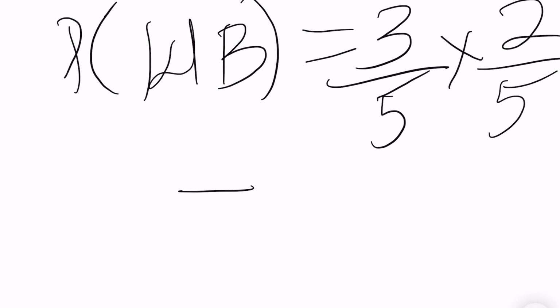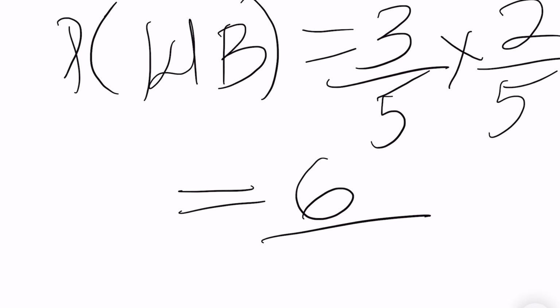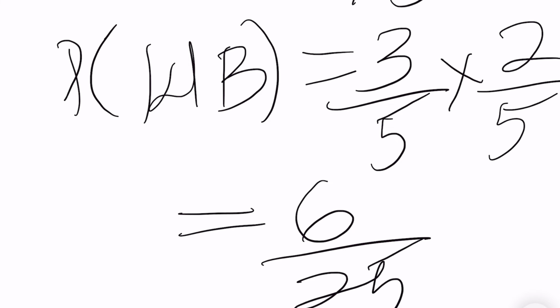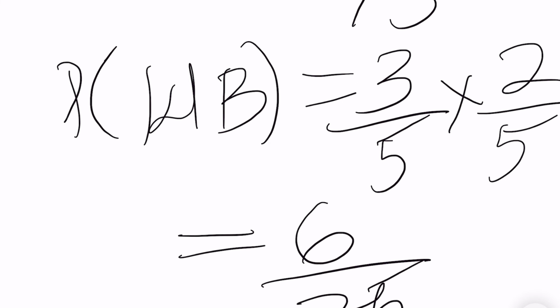So we have this to be 6/25. Now the probability that one is black and one is white is 6 over 25.